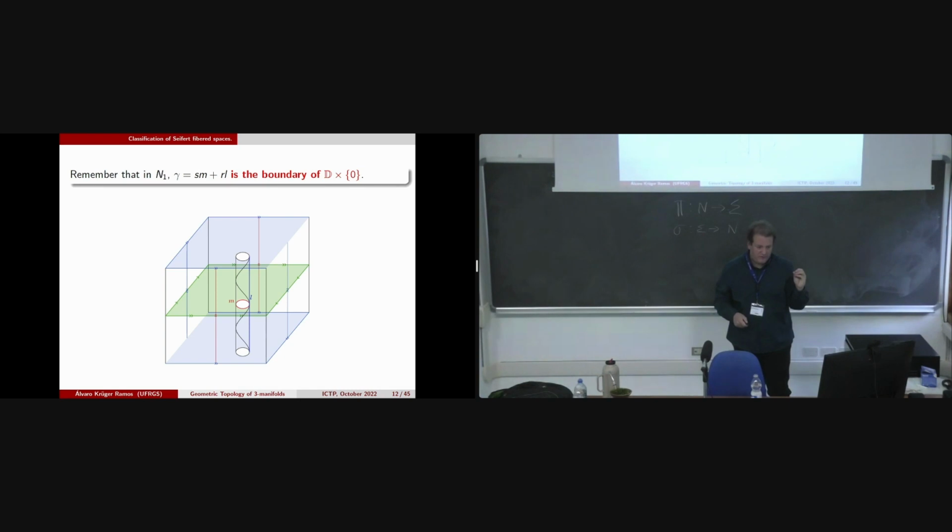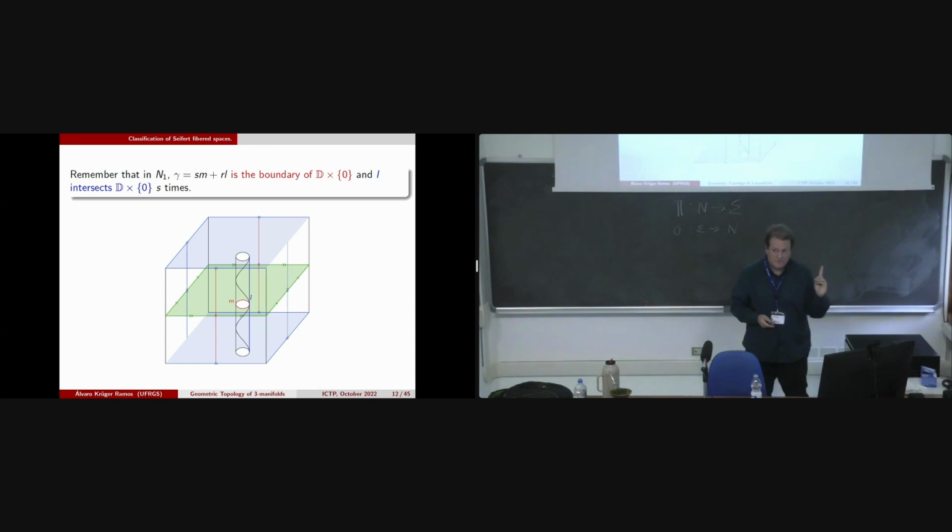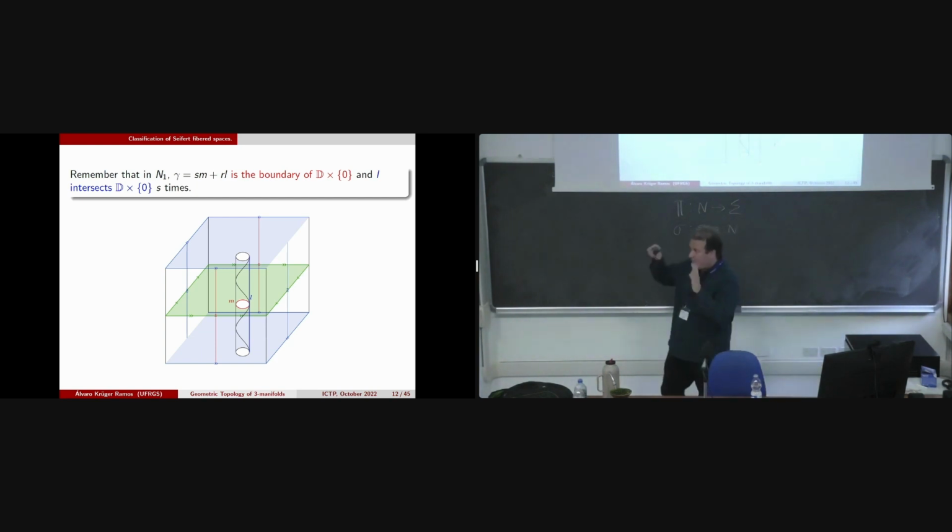These were the fibers. And this blue line intersects your slope r over s curve exactly s times. This curve intersects the boundary of the disk exactly s times. So if you push it a little bit to the inside, you will see the same picture. You are intersecting the boundary of a disk s times, so you push it a little to the inside and you will intersect the disk s times.